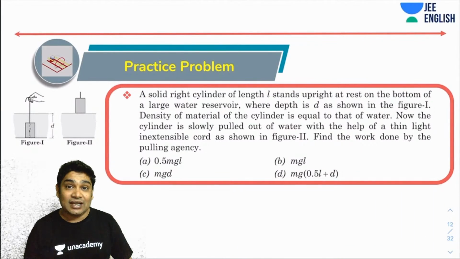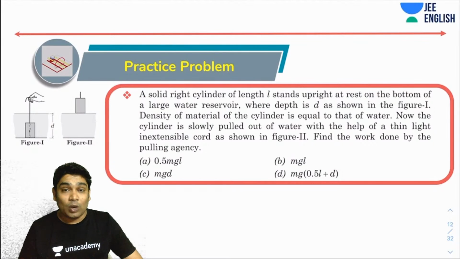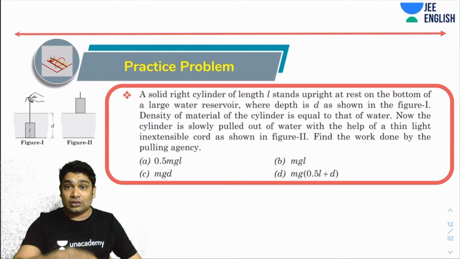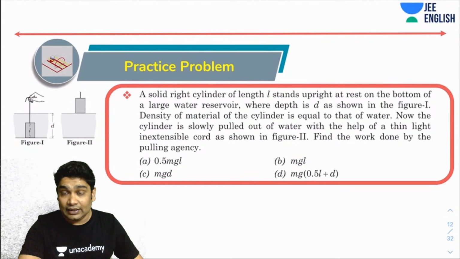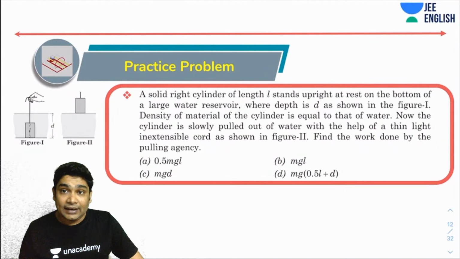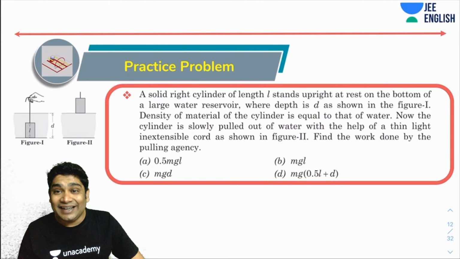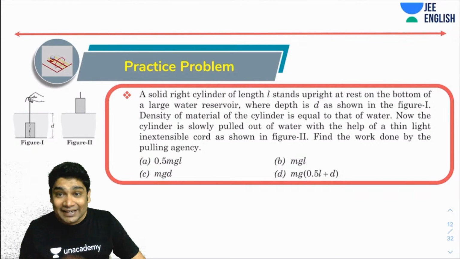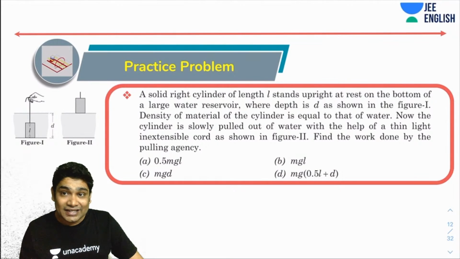So this is the first question that I have got for you from the topic work, power, energy of this book. This question tells you that a solid right cylinder of length L stands upright at rest on the bottom of a very large reservoir, where the depth is D, as shown in the figure. You've been told that the density of the material of the cylinder is equal to that of water.